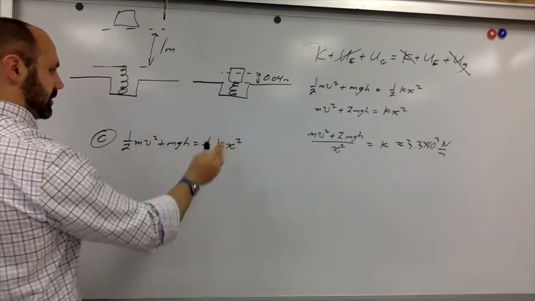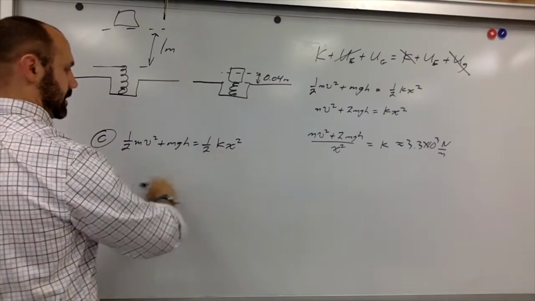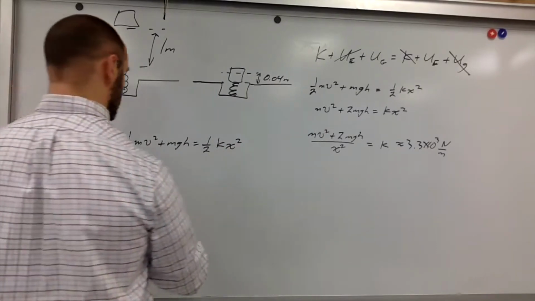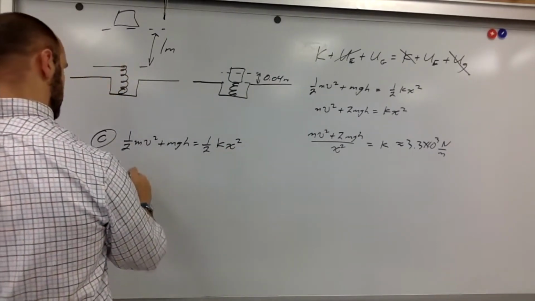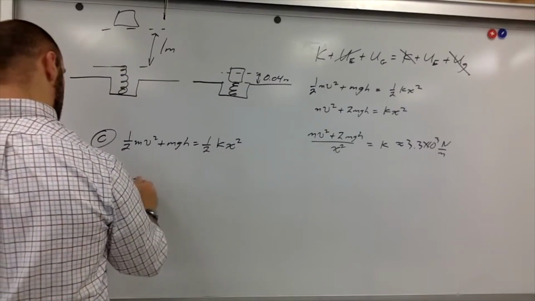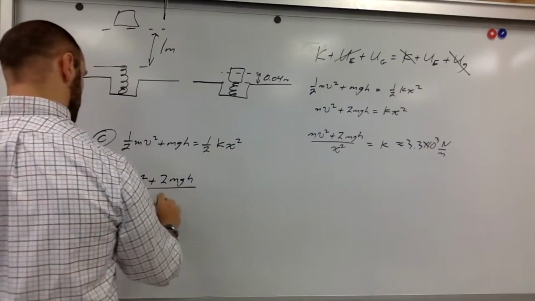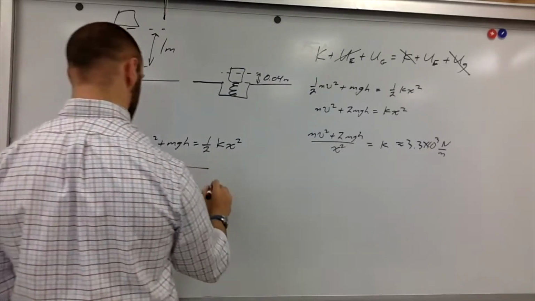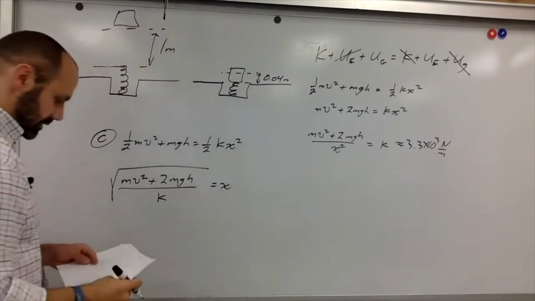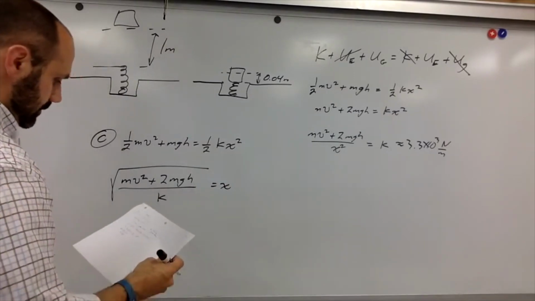If I multiply everything by 2 and then divide by k and then take the square root, that'll be really nasty, but that's what we have to do. So I've got mv squared plus 2mgh over k, and I take the square root, and that's equal to x. Right.